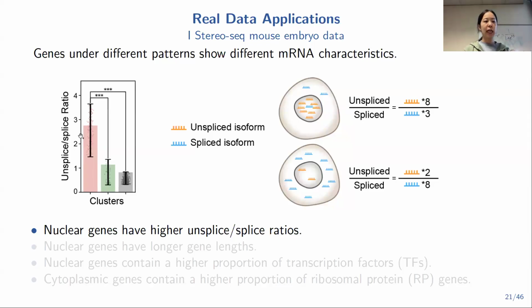So if we detected a gene as more nucleus enriched, it makes sense that it has more unspliced counts, right? If you look at these cartoons, more nucleus means a higher proportion of unspliced RNA. When we compute the ratio, we find our nucleus genes have a higher unspliced to spliced ratio, which makes sense.